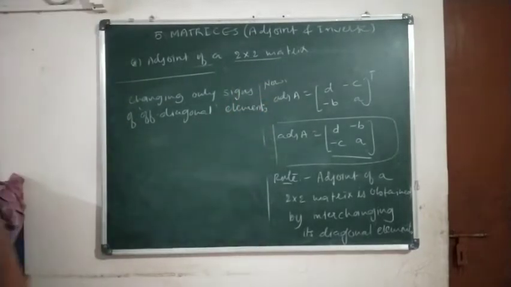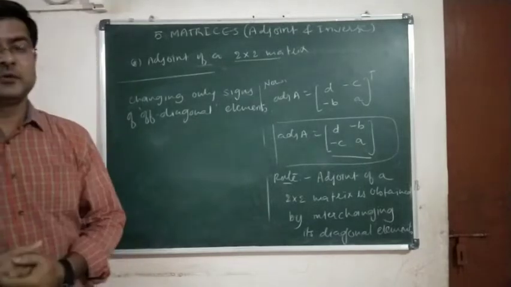Clear? So this way you can obtain the adjoint of a 2 by 2 matrix.